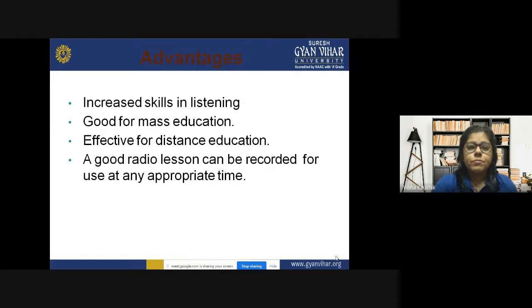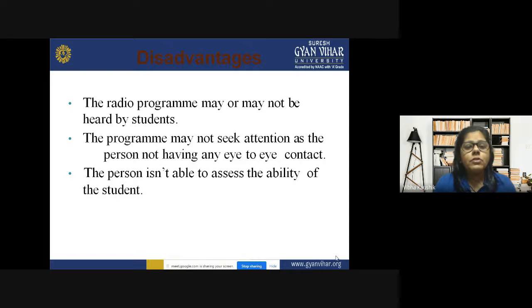Now, disadvantages: the radio program may or may not be heard by students. It may be possible that sometimes students are not able to hear what the instructor is saying. The program may not seek attention as there is no eye to eye contact.